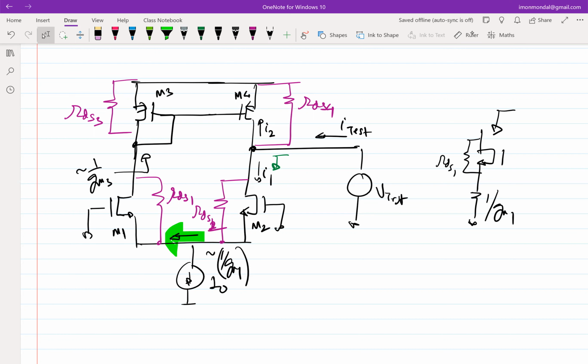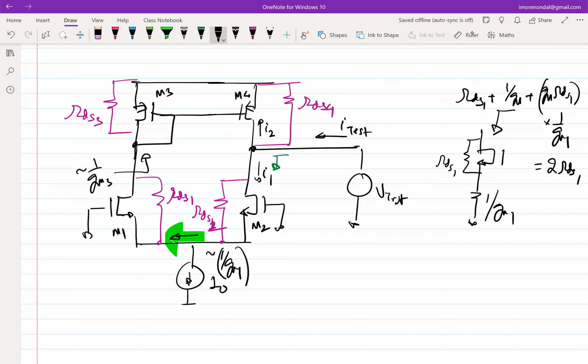Looking from top, the impedance is approximately RDS1 plus 1 over GM1 plus GM1 times RDS1 times 1 over GM1, which is 2 RDS1. Right? So this is the thing that we did earlier. It should not be of any surprise that impedance looking from top is 2 RDS1.